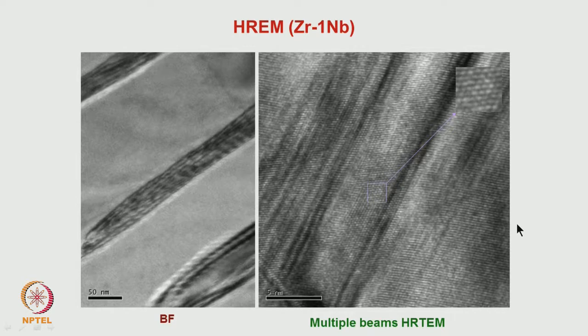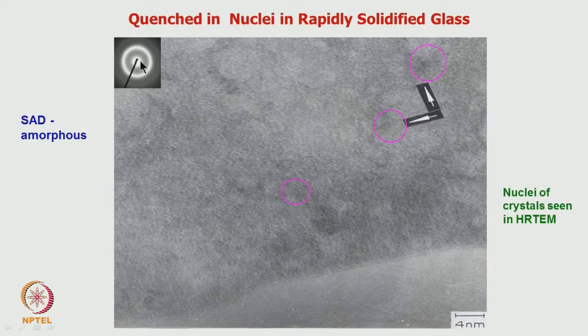Okay. And here is a sample which is amorphous, a rapidly solidified glass. When one does a high resolution image, I don't know whether you are able to see it, in different regions one can see some lattice fringes. The regions where we see lattice fringes are the regions that have transformed from amorphous to crystalline.